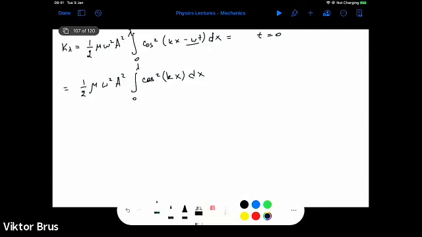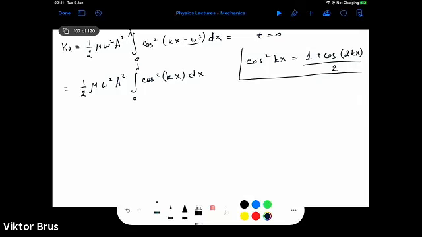So what we do for this, we need to find some substitution for cosine squared kx, and according to trigonometry, we can write cosine squared kx is equal to (1 plus cosine 2kx) divided by 2.